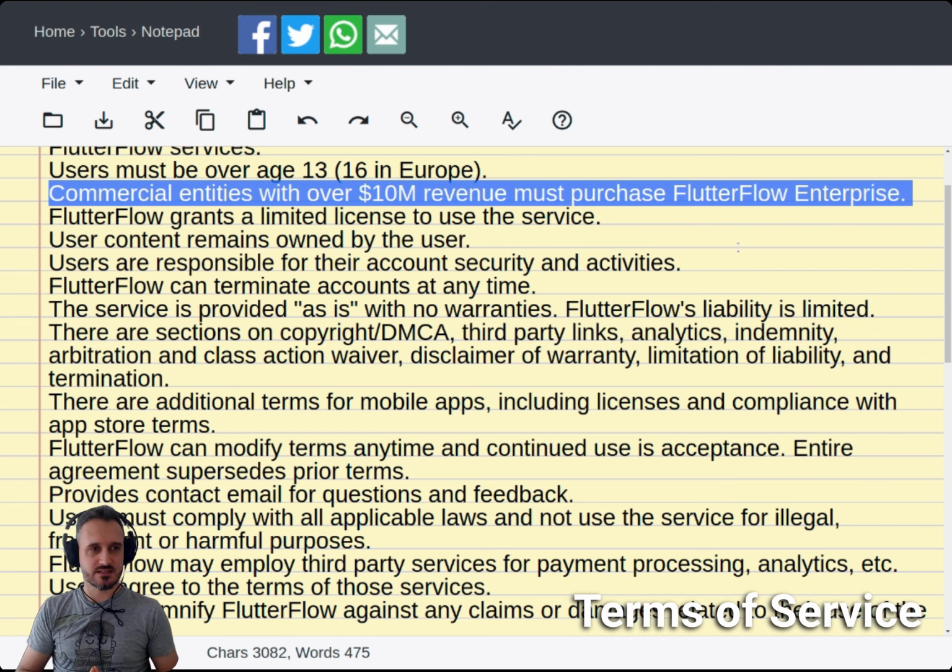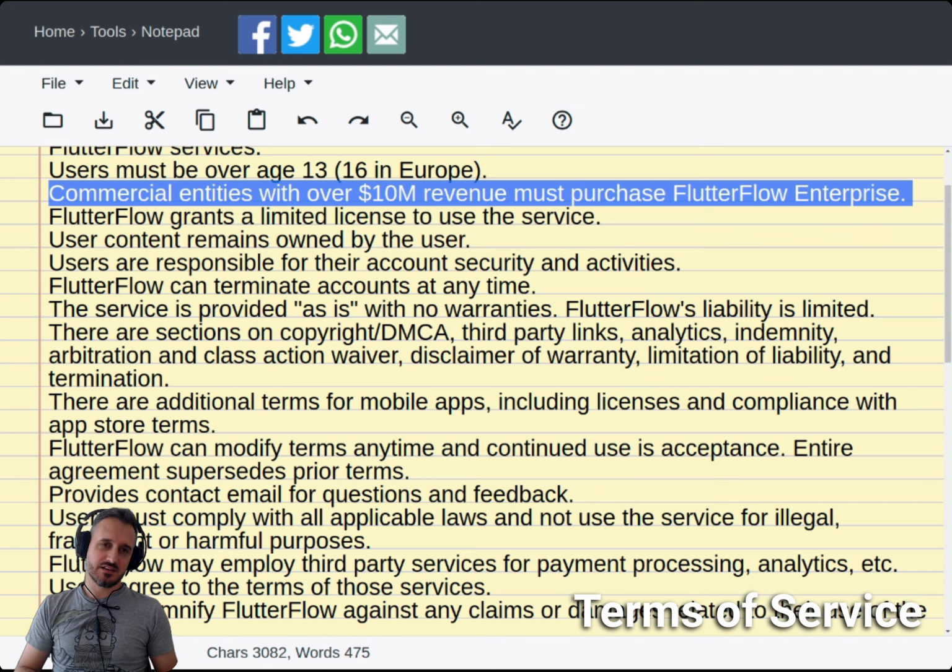So the second thing: commercial entities with over 10 million revenue must purchase Flow Enterprise. So if you are a commercial entity with more than 10 million revenue, you're obliged to purchase Flow Enterprise.